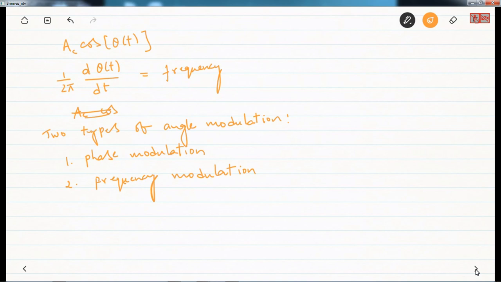If we define what is phase modulation and what is frequency modulation, you will be able to better understand the description in the last page, which we did.